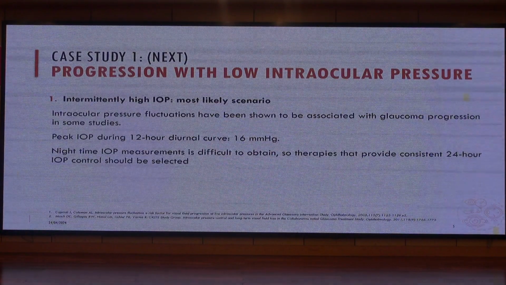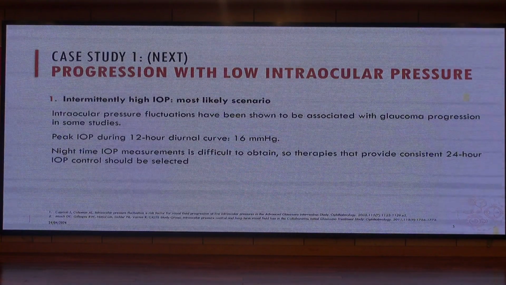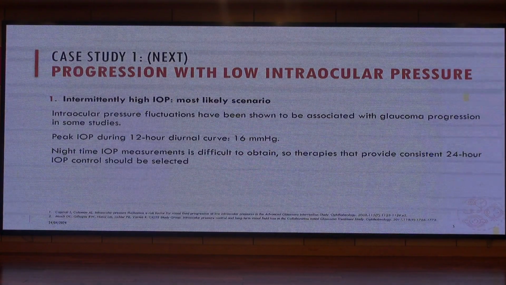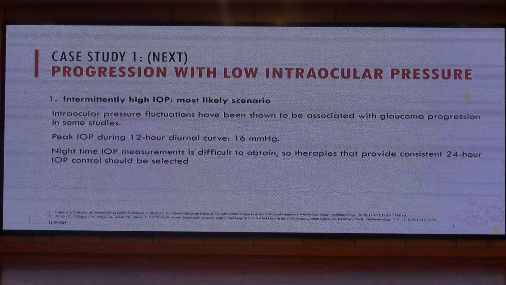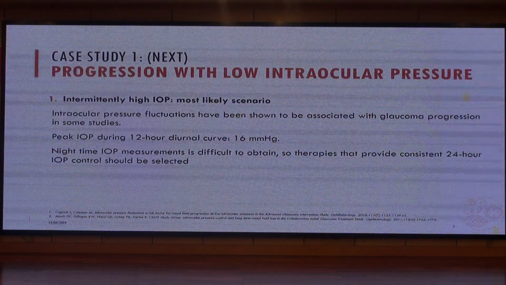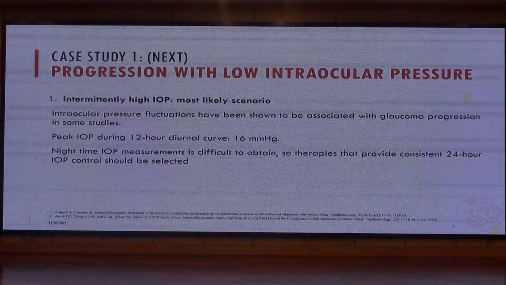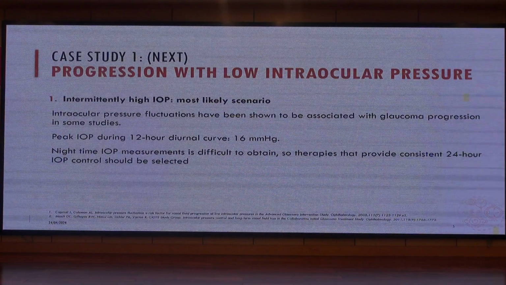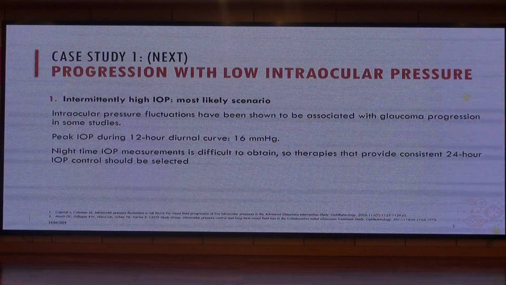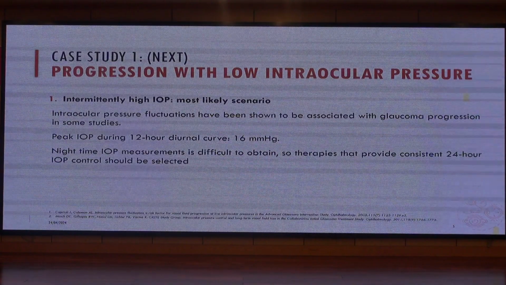And nighttime IOP measurement is not easy to obtain. Today we can obtain 24-hour fluctuation with a special device that can be implanted inside the eye, but we don't have that device now. So the ideal therapy for the glaucoma patient is something that can provide consistent 24-hour IOP control.